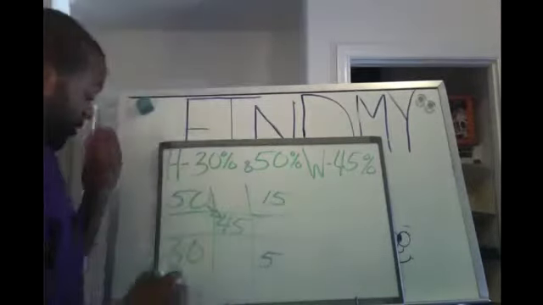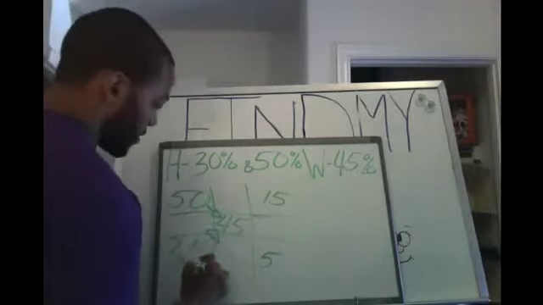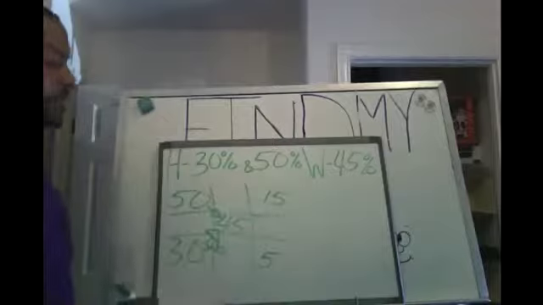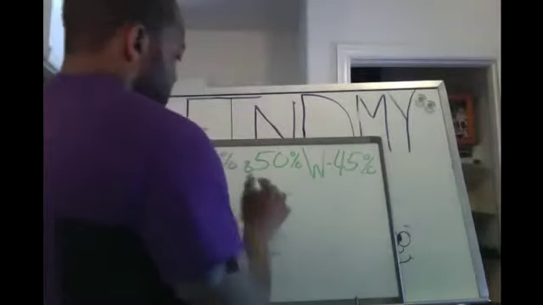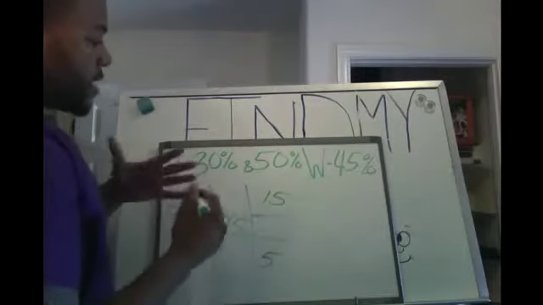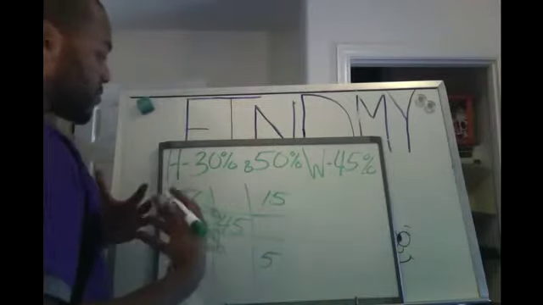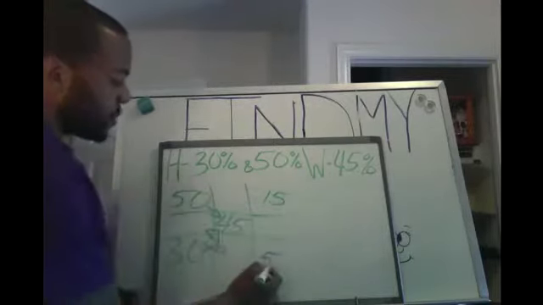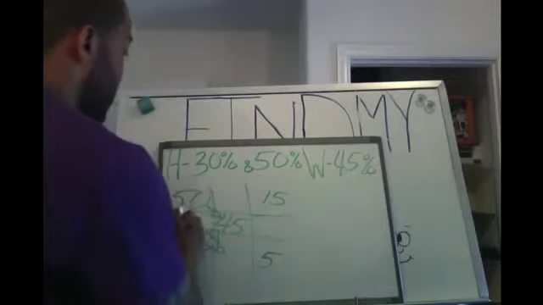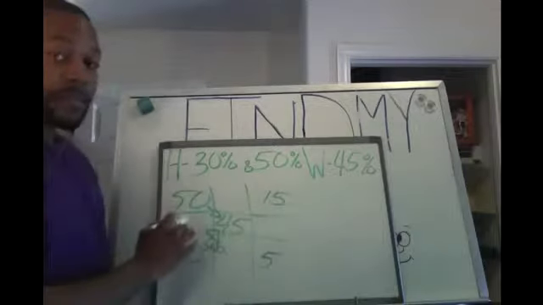All right. And that's just from subtracting right across there. Now that you know the portions, this would be the number of parts from the 30%, and you would see that there are 15 parts coming from the 30%.